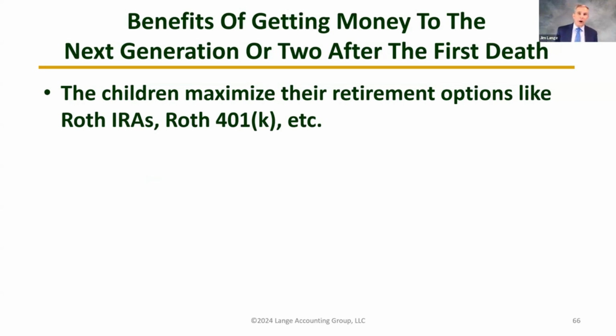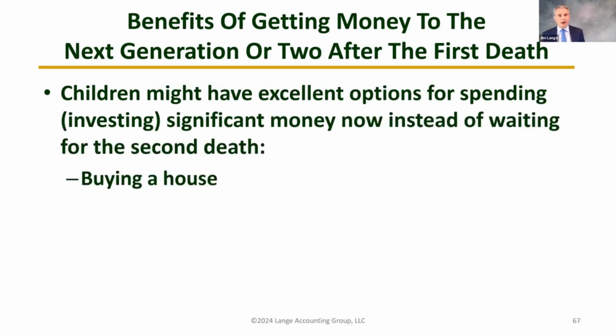Maybe they can optimize their own retirement plans. They can put money in IRAs, more likely Roth IRAs, Roth 401ks, 529 plans, which is a tax-free growth, maybe getting them into a house that they could not do without your help.